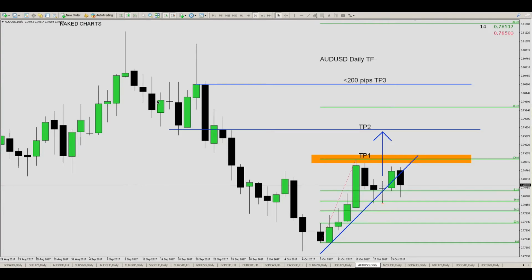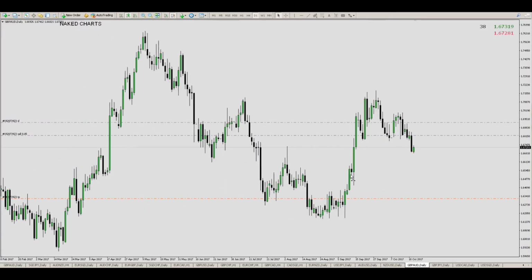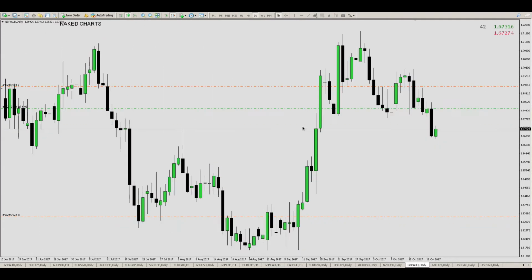Okay, I will share right now how I enter. Here I exit, I enter here, I exit here, then I got around 20 pips in profit. Let me show you my other trade that day. You see here, this is the GBP Australian dollar.